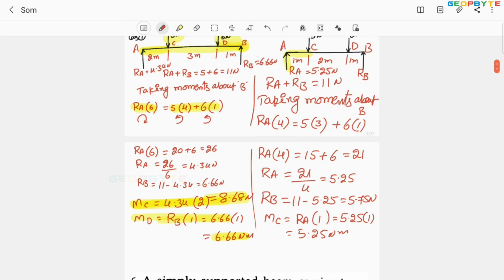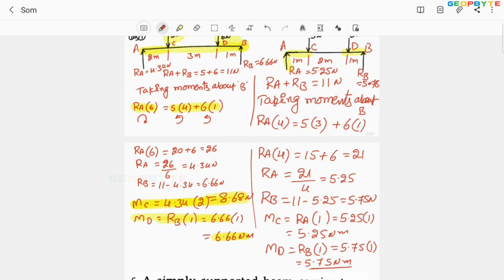Similarly, bending moment at D. Taking this part, bending moment at D equals RB into the distance up to D, 1 meter. RB is 5.75, so 5.75 into 1 equals 5.75 Newton meter.